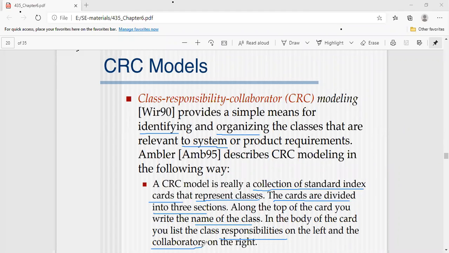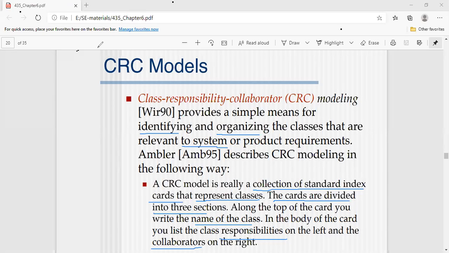The CRC models can be represented by using cards. That card may have three parts. The first part of that card is the name of a class, the second part is responsibilities, and the third part is collaborators.